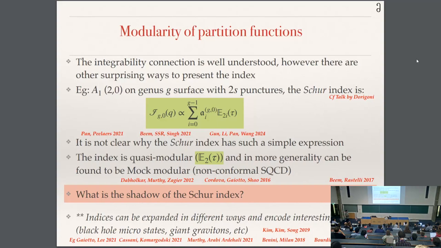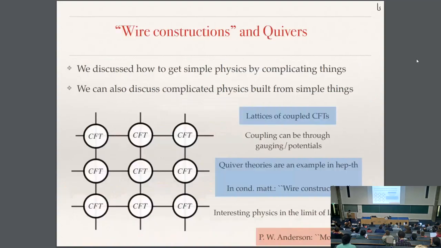For example, you can expand supersymmetric indices in terms of Eisenstein series, and the result is surprisingly simple. And we don't understand, it's again some experimental fact. We don't understand why it is simple. Because it's Eisenstein series, there are some modular or quasi-modular properties of these indices, and this is something that will be nice to understand.